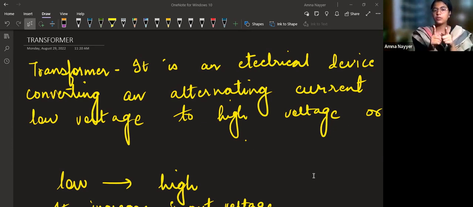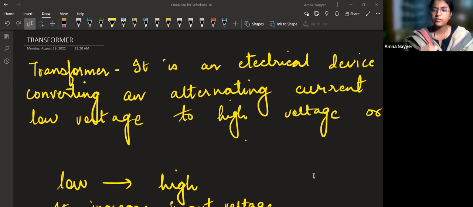It does this work only: an electrical device which converts an alternating current at high voltage to low voltage, or low voltage to high voltage. This is the work of a transformer. Now, depending upon this, transformers are of two types.